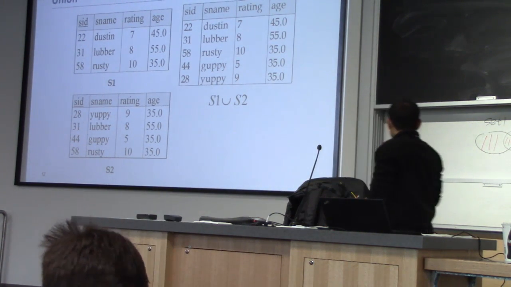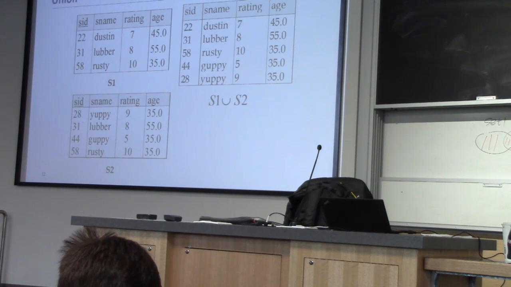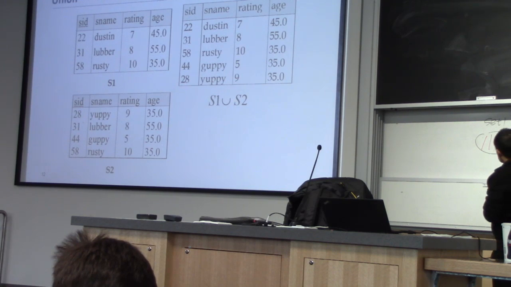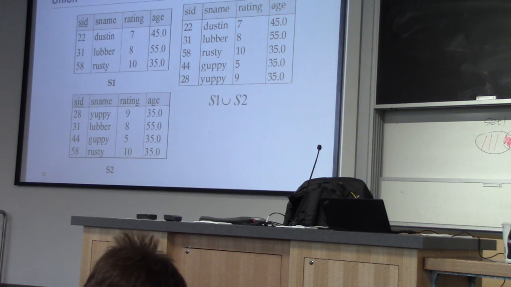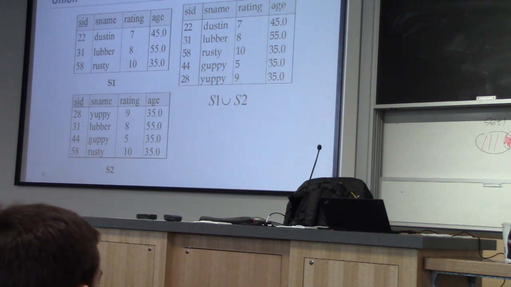Yes. Why? Because set 1 and set 2 both may have some of the same elements, and you don't want duplicates of those. So say set 1 has Jared in it, and set 2 has Jared as the same person. Then you're going to have two copies of Jared. You have to eliminate one of them.